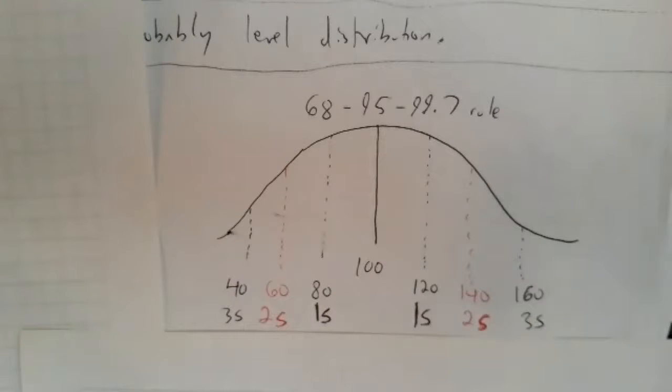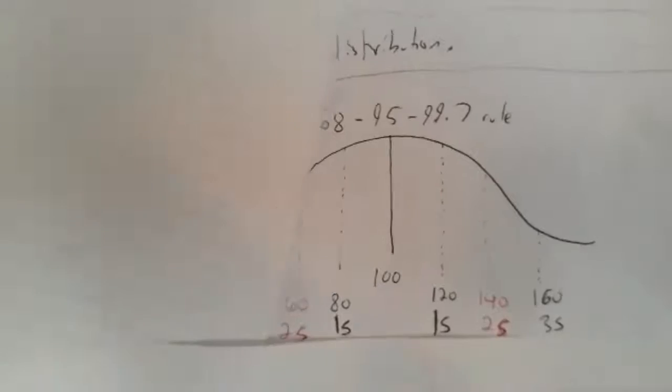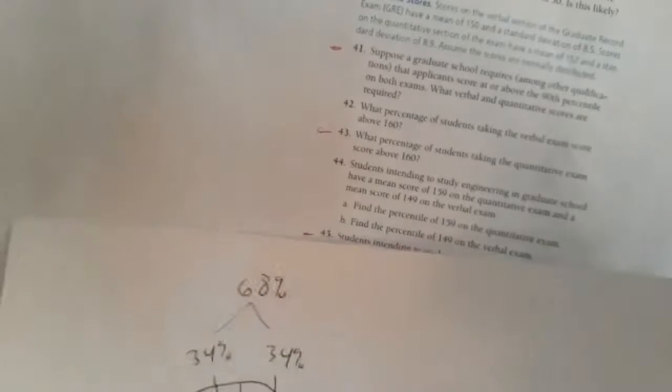I'm hoping this is the sort of picture you have in your head. There's a few things I can do with this 68, 95, 99.7 rule, sorry, I said the wrong number.